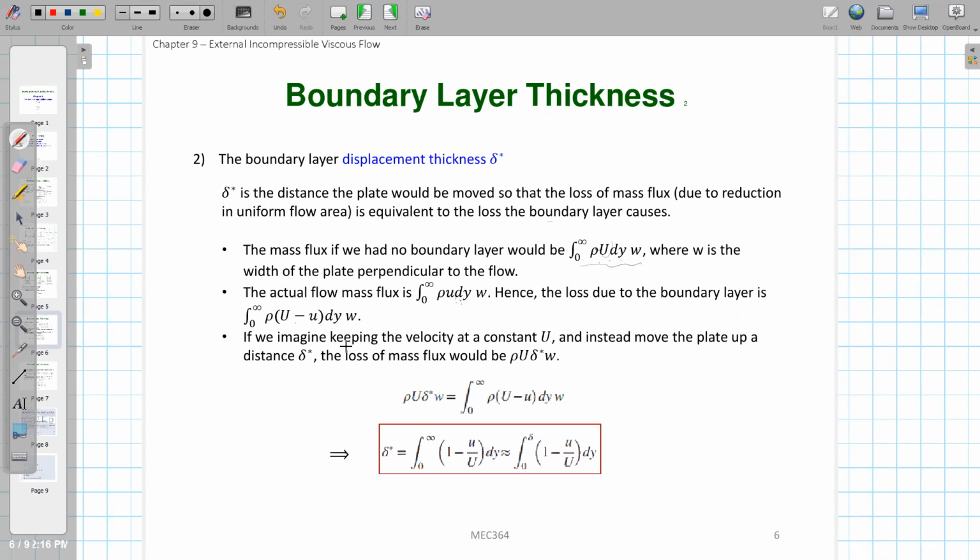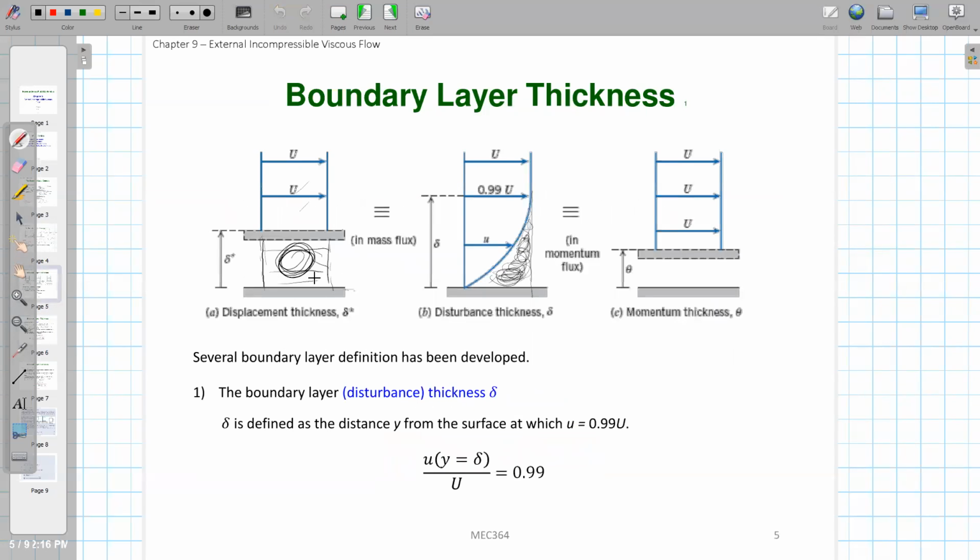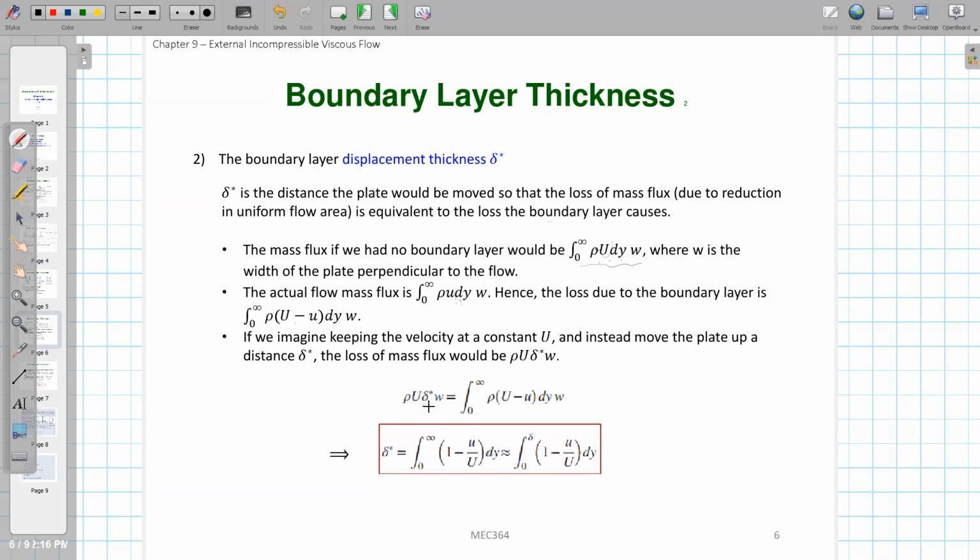And we can imagine that if we keep the velocity at a constant U, and instead move this plate up by the distance delta star, then what we are losing here, rho times U times delta star times w, will be just equal to what is lost here. In this way, we give the definition of the displacement thickness delta star.